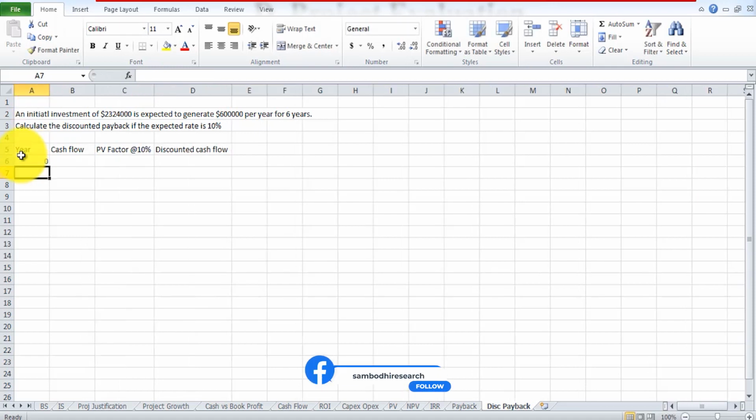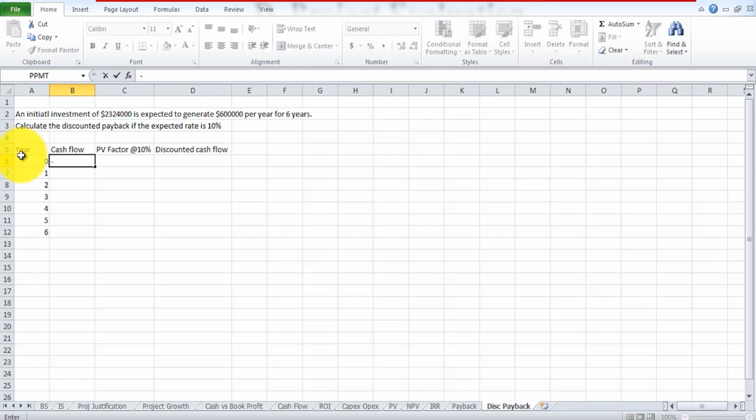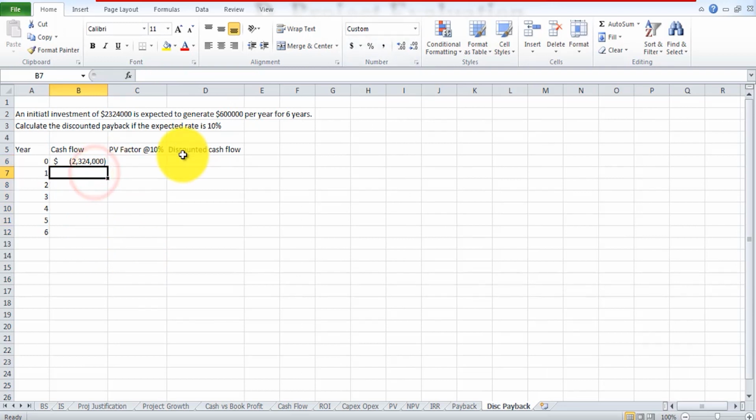Here we're going to understand year 0, 1, 2, 3, 4, 5, 6. For year 0, we're going to incur the initial cash outflow of $2,324,000. And you're going to have an annual cash inflow of $600,000 every year till the 6th year.